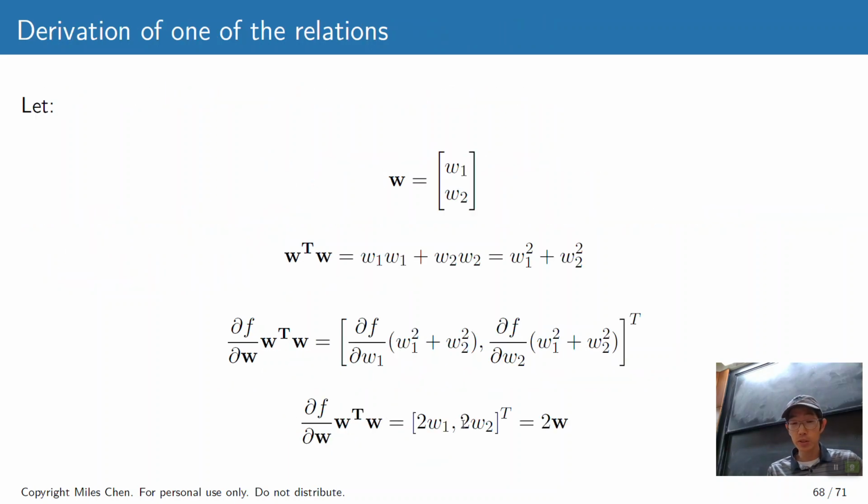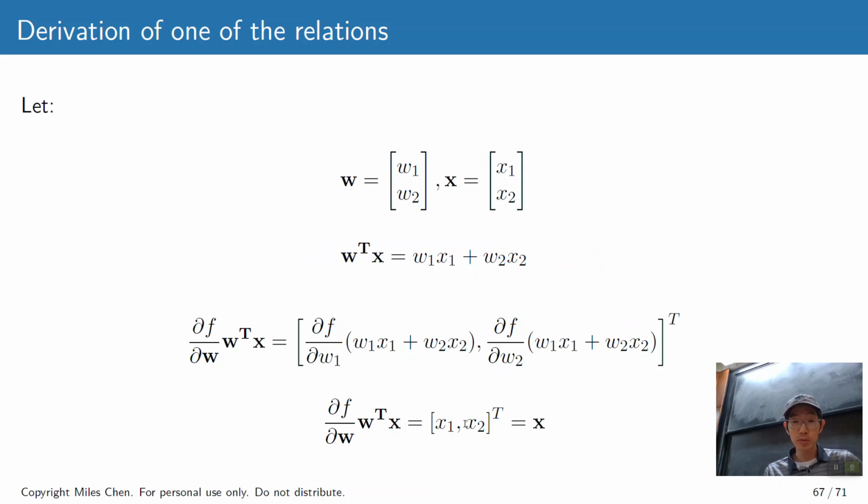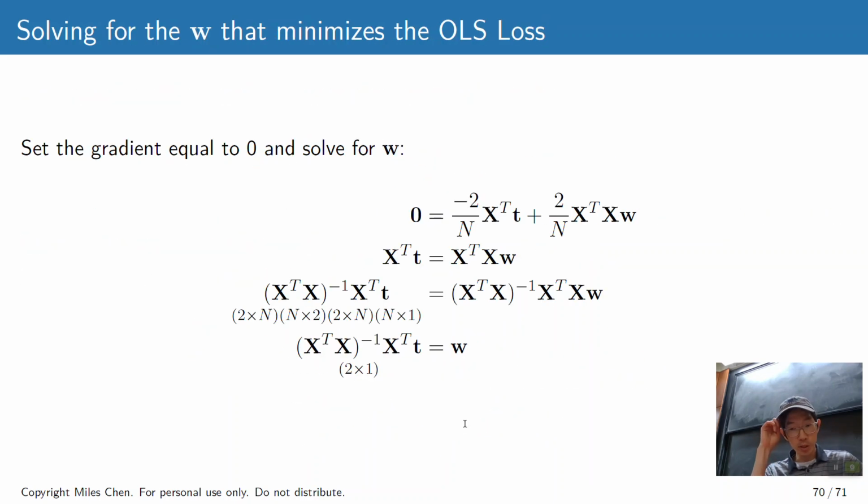And now we want to solve for w. Solving for w, we're going to set this thing equal to 0, all right, and I can multiply both sides by n over 2 to get rid of our constant. And then I'm going to add x transpose t to both sides. So now I get x transpose t is equal to x transpose xw. I want to solve for w.